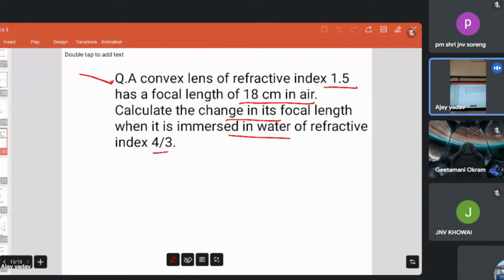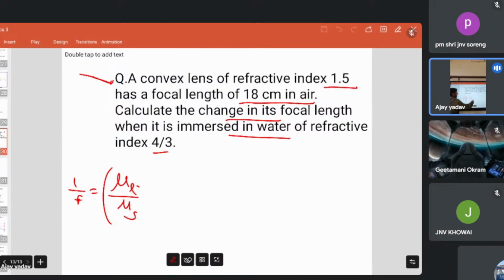If we immerse a lens, either convex or concave, into any other medium, then its focal length will change. Why? Because the focal length of a lens depends on the refractive index, mu lens upon mu surrounding minus 1.